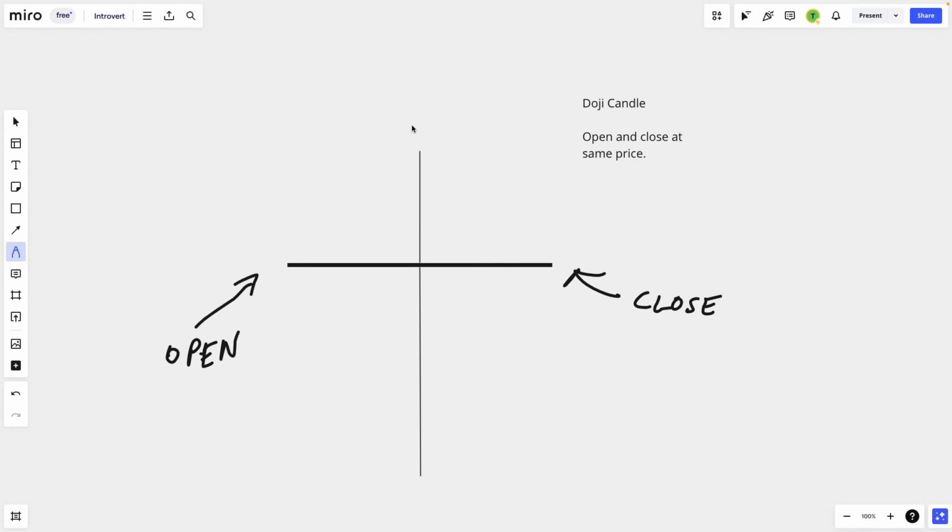But you can see that the stock may have risen up here and it went all the way down to a low here. But at the end of the day, buyers and sellers couldn't make way either way. And we've been left with a price that is the same as the open. So that is a Doji candle.